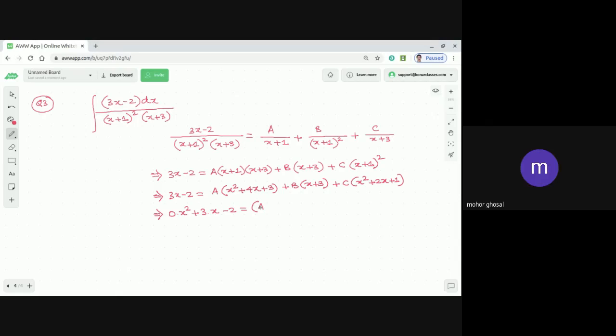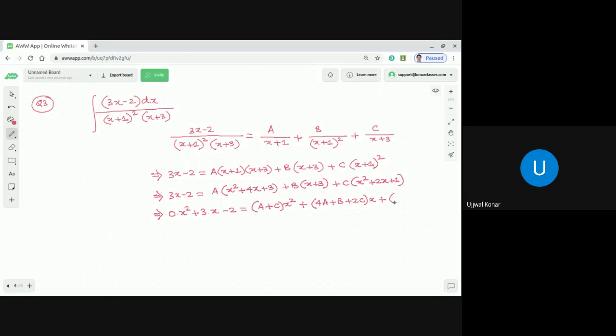The coefficient of x square in the right hand side is A plus C. What is the coefficient of x in the right hand side? It is 4A plus B plus 2C. Correct or not? And what is the constant term in the right hand side? It is 3A plus 3B plus C.